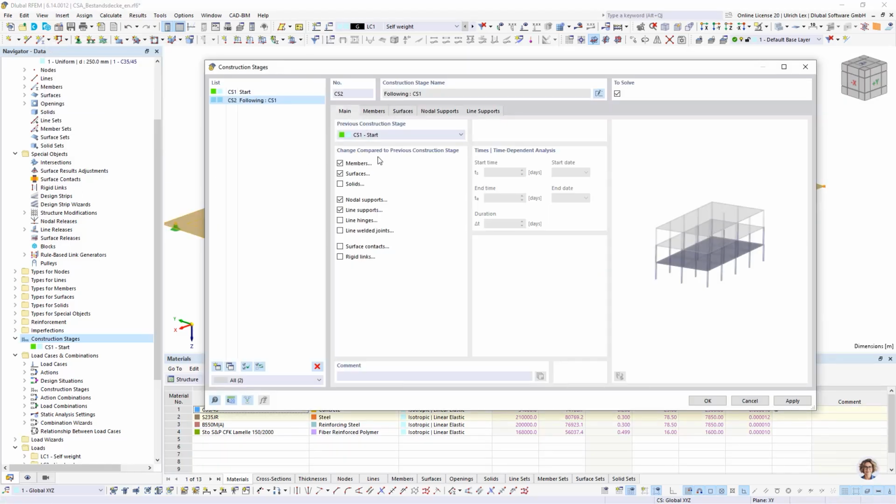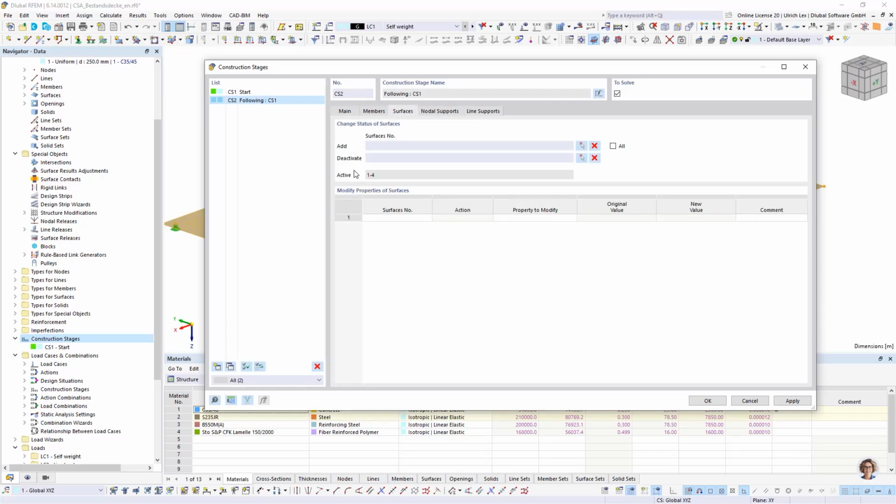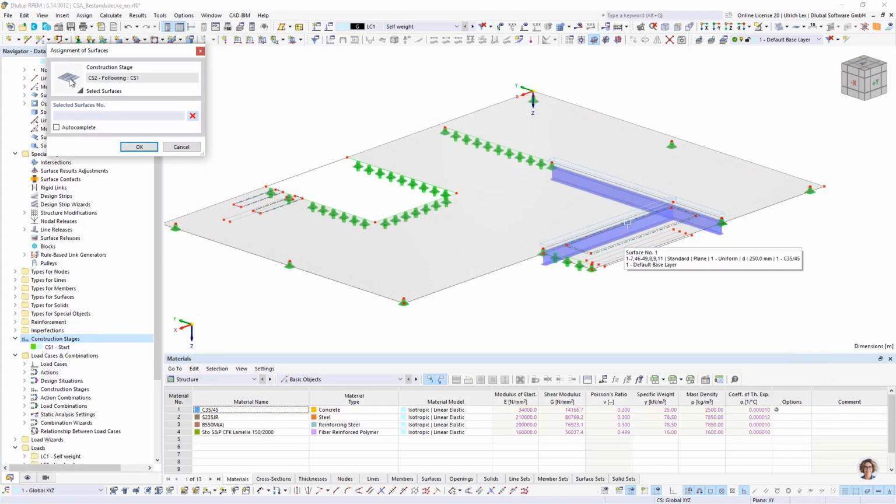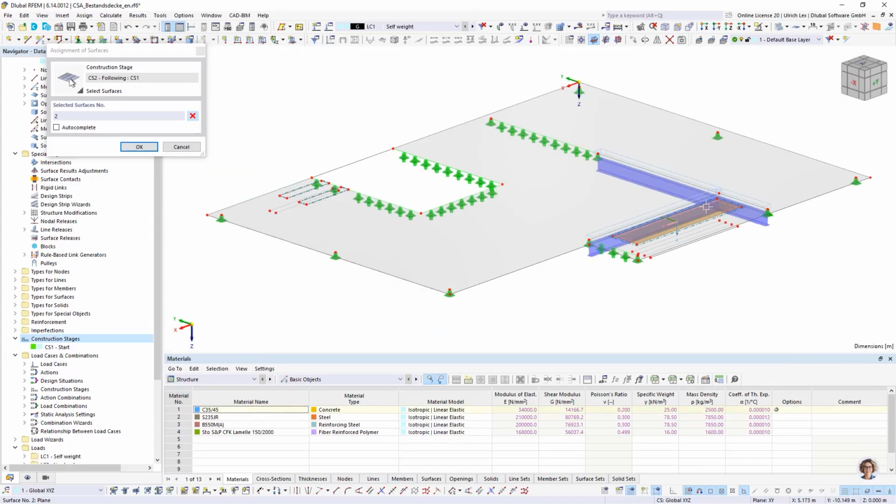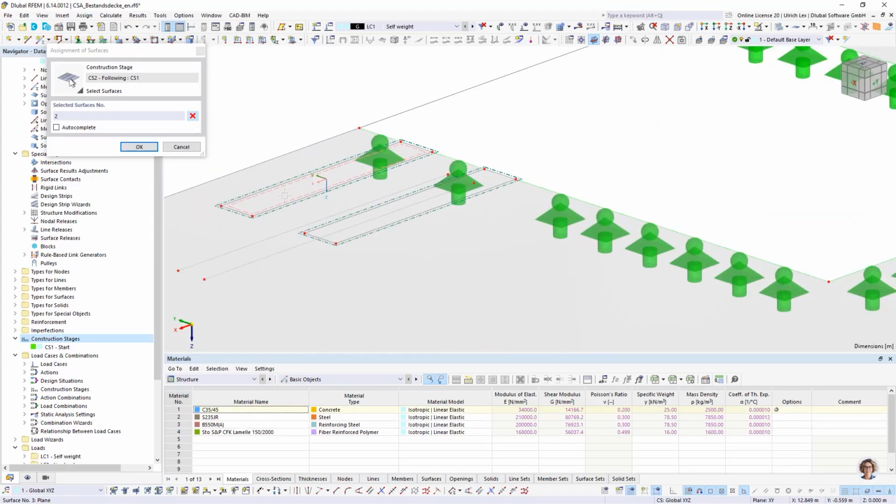Okay. Then my surfaces are active 1 till 4. But here I want to have only surface number 1. That's why I can deactivate the other surface. That means I create this opening in stage 2.